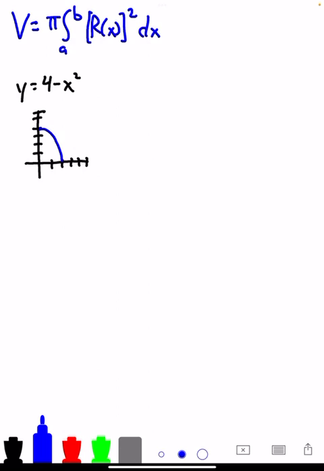And the y-intercept is 4, so we have to use all of that. So the volume and the area that we're looking for is everything in this area. And what we want to do is basically rotate it about the x-axis. All right, that's very important.